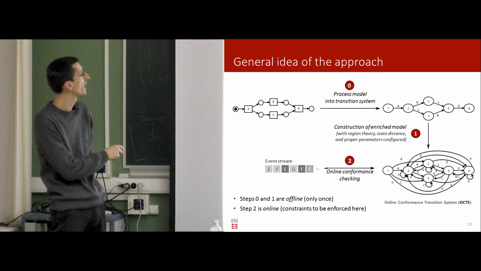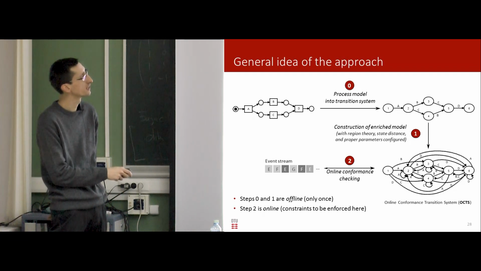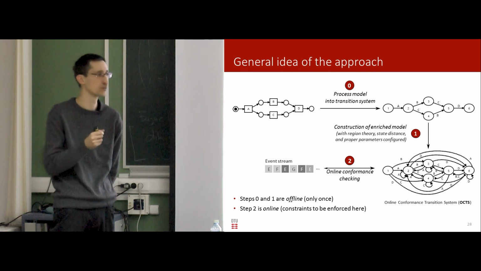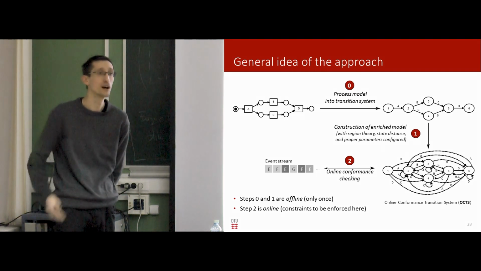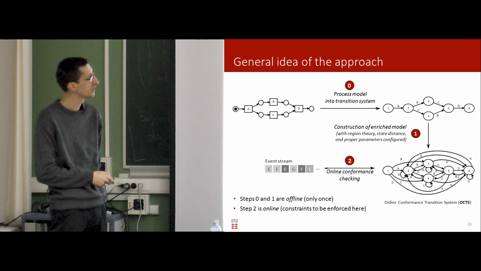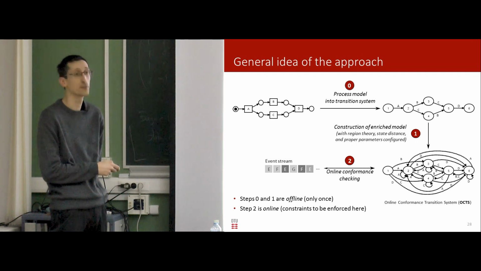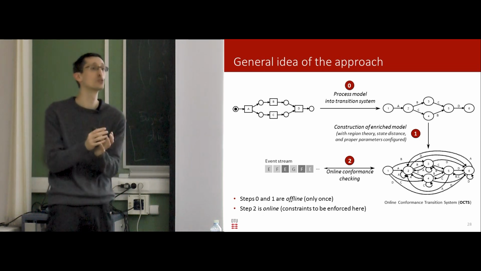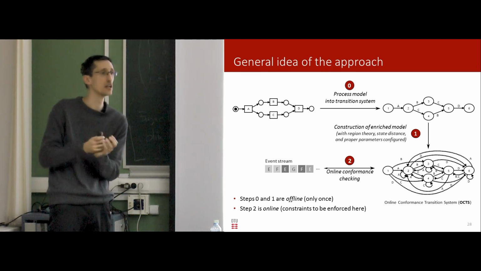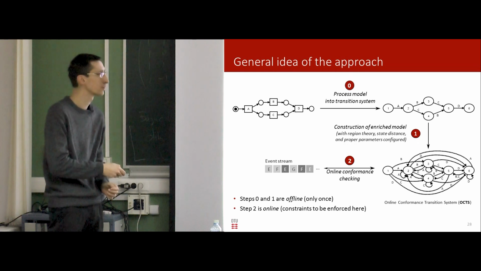And one label is A. But if you are in state 6, you must have a transition labeled A. So where should this transition go? Here the idea is to go to the very beginning, since there is this incoming transition to state number 2. So state number 2 somehow is the state that is reached after executing A. So the rationale here is to say you execute A.